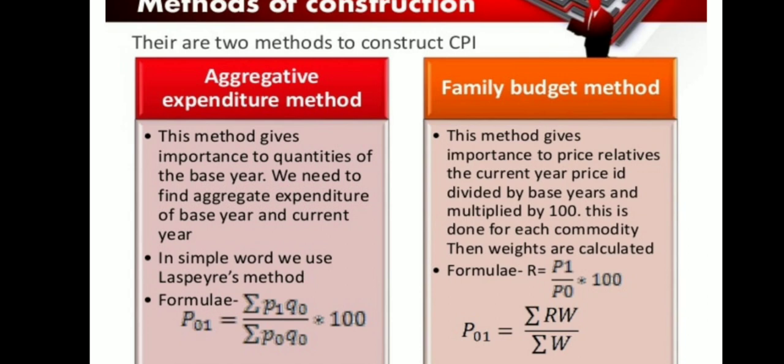So R equals P1 divided by P0 multiplied by 100. Then P01 equals sum of RW divided by sum of W, where W is the weight. The weight is P0 Q0.